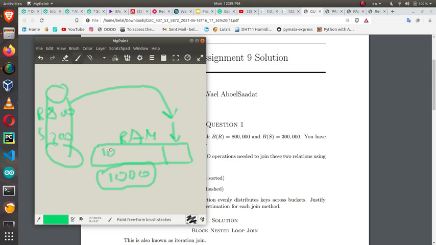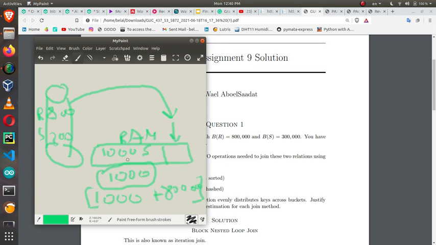So we have here 1000 blocks of S. They will cost us 1000 IOs, plus passing over the 800,000 blocks of relation R, and we will do this for how many?